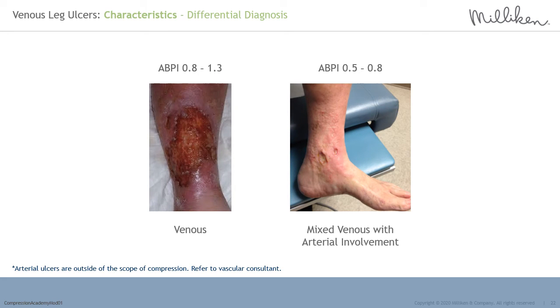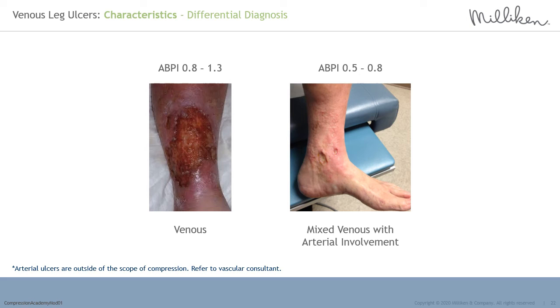There are different types of venous leg ulcers. Those with an ankle brachial pressure index of greater than 0.8 to equal to or less than 1.3 are venous leg ulcers, with mild or no underlying arterial involvement, and are suitable for standard compression, 30 to 40 millimeters of mercury pressure.